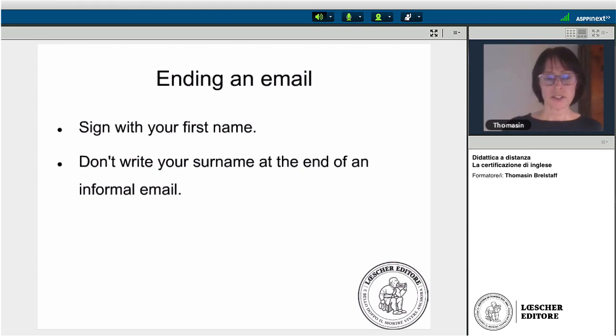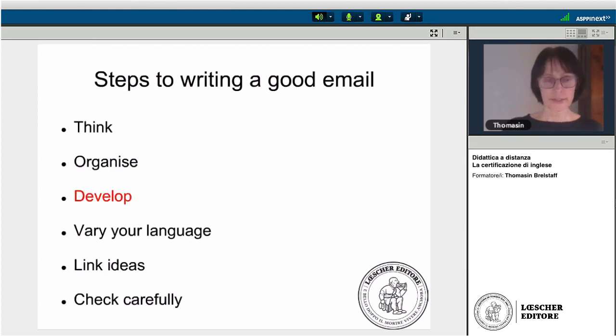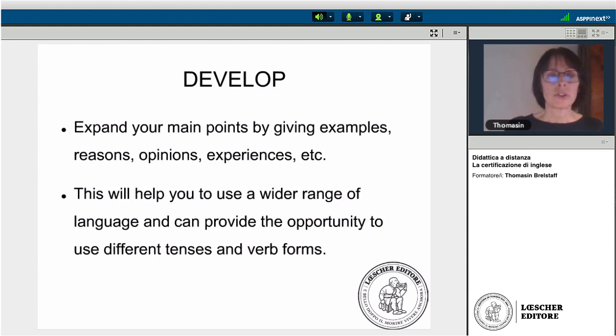So we've looked at think and organize. Now let's move on to look at develop. And here I'm referring to developing your ideas. What exactly do I mean and why is it important? Let's have a look. So by develop, I mean expand your main points.